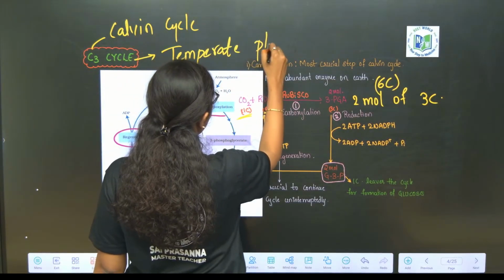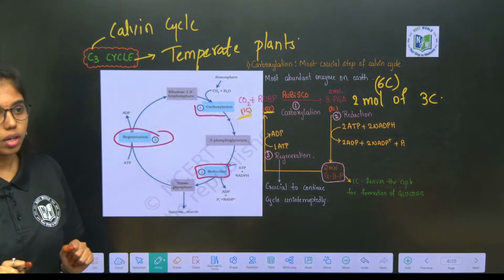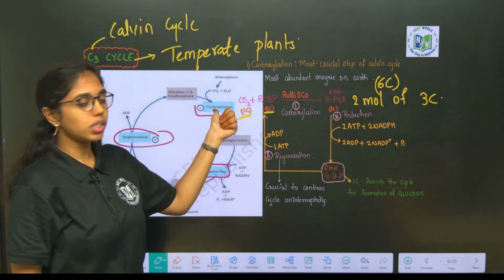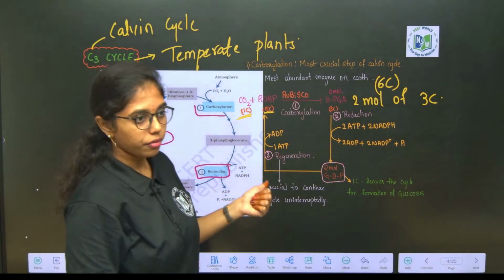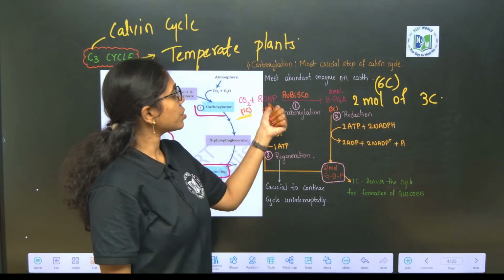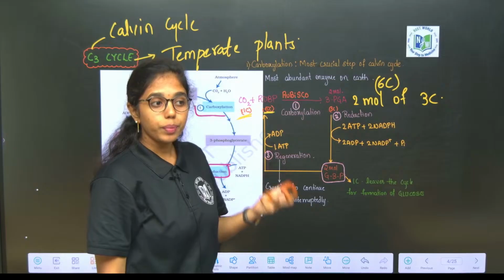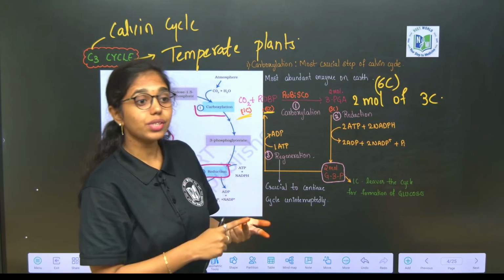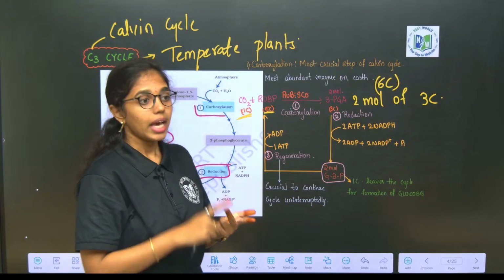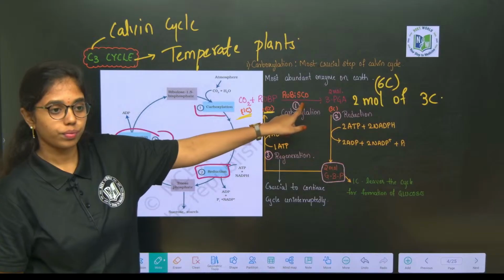What are temperate plants, beta? Those which grow in cooler climates. So the first step, what is that? Carboxylation, which is the most crucial step, wherein carbon dioxide is accepted by the primary acceptor. What is it? RuBP. Remember the difference between the primary acceptor and the enzyme which is catalyzing. If the question is asked about the primary acceptor, you should not choose RuBisCO.